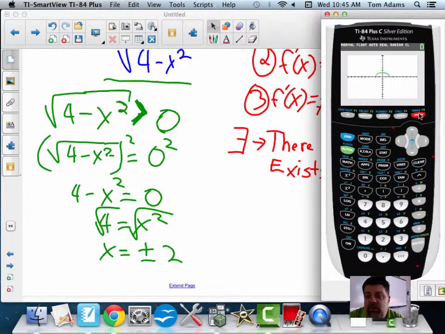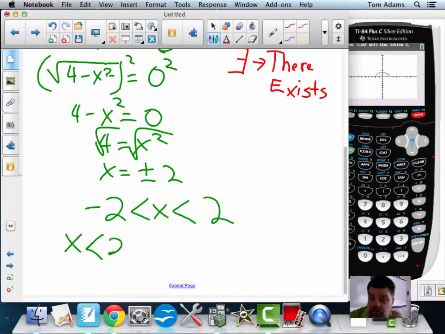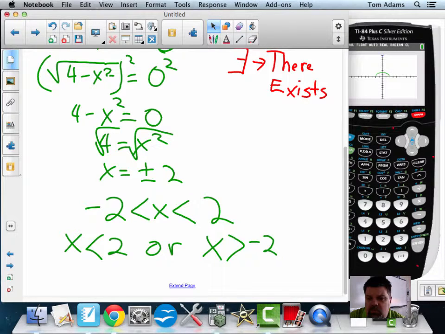But by graphing it, we can see that it's positive when x is greater than -2, and it's positive when x is less than 2. That little green line is positive when x is trapped between -2 and 2. So we know that, and that helps us to determine the relative domain of f of x based on this limitation or restriction of f of x.